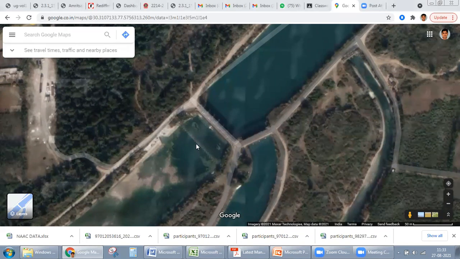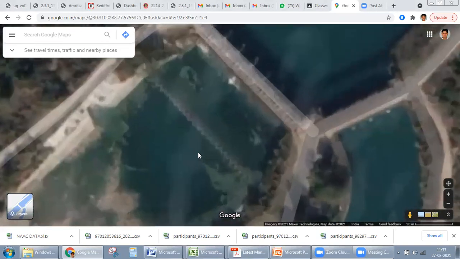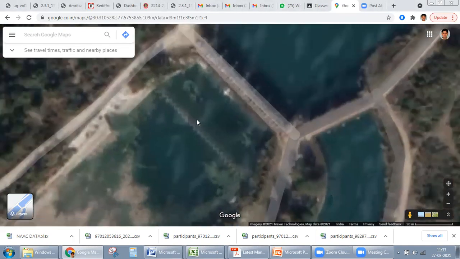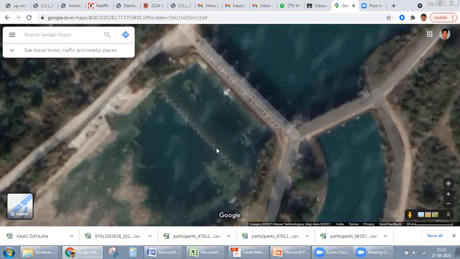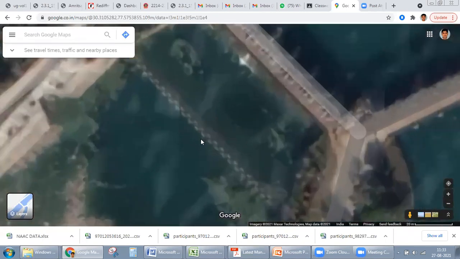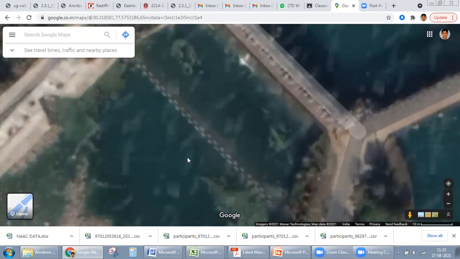And what else you see over here? If I just zoom it in, it will not be clearly visible, but what you see over here is some zigzag portion, some blocks, as if the concrete blocks are provided in the staggered way. So these are also you are going to discuss in the sequent lectures.